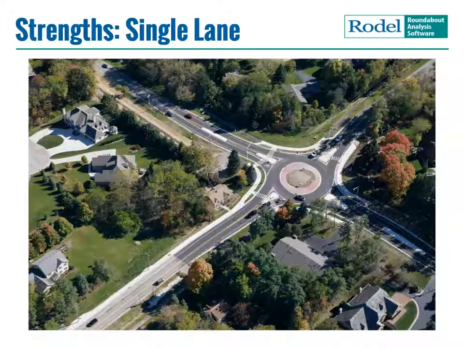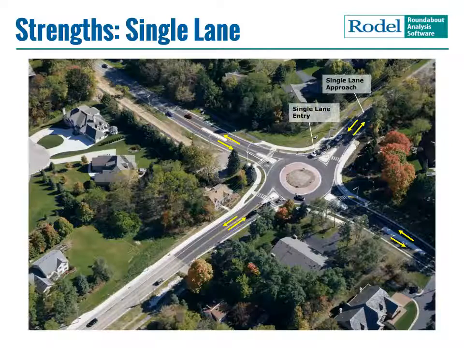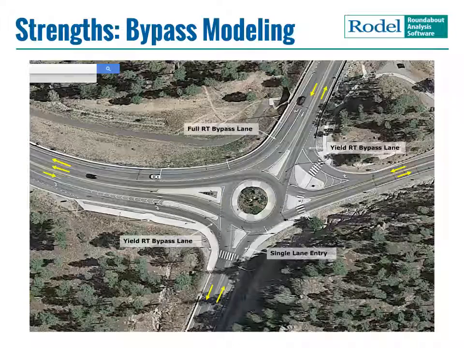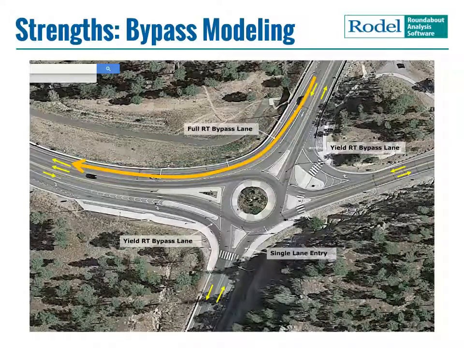So just a few quick examples of the inputs that you put into Rodel. Here's a single lane, so you'll be identifying a single lane approach, a single lane entry, single lane circulating, and a single lane exit on this type of roundabout. And in this type of roundabout, you'll also be identifying a single lane roundabout, but you'll put in a full right turn bypass lane, and in this approach, a partial or yield right turn bypass lane.